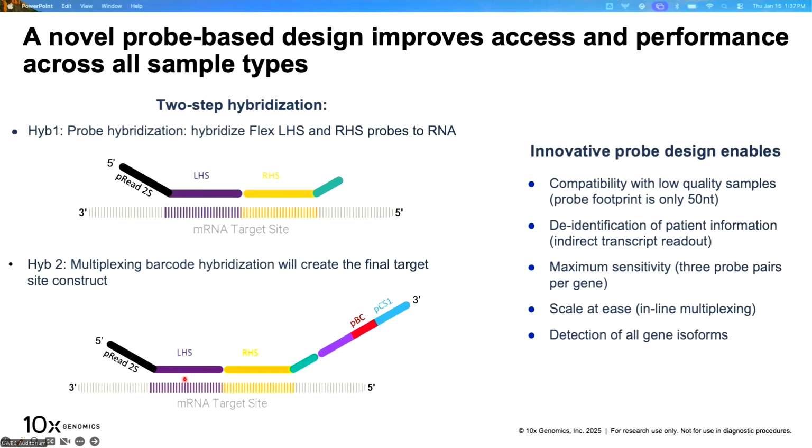The RNA target site you see there is only 50 nucleotides in length, so even when the RNA is partially degraded because of the fixation, we can still detect the signal. Plus, the vast majority of genes have at least three target sites, so even if one is compromised, there are 2 more.